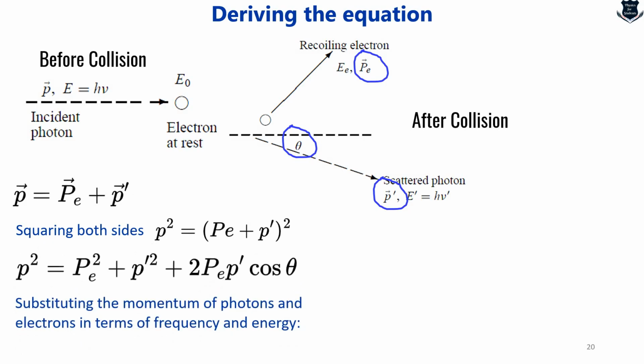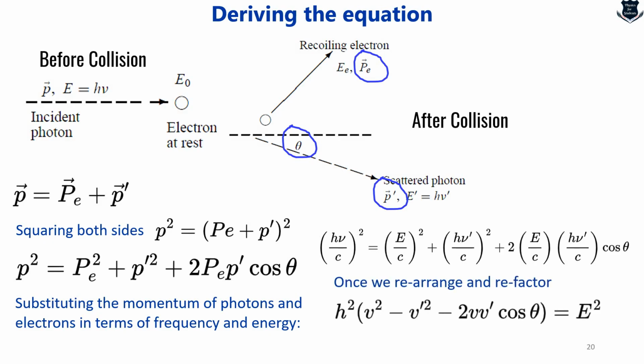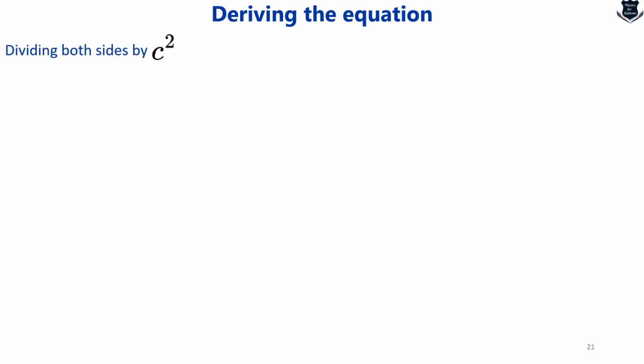If we substitute the momentum of photons and electrons in terms of frequency and energy, we get this. You can do the calculation later; it is just (a plus b) whole squared, simple algebra. Then I substituted values, and once we rearrange and refactor, we get this equation. Further, I divide both sides by c squared.